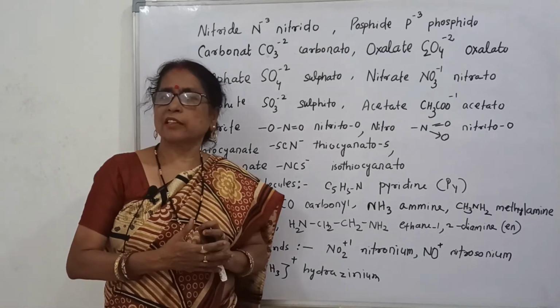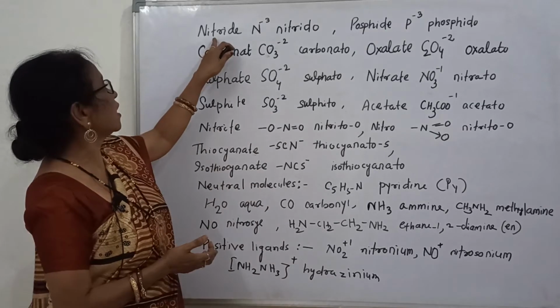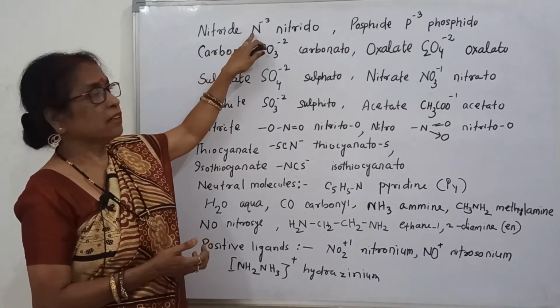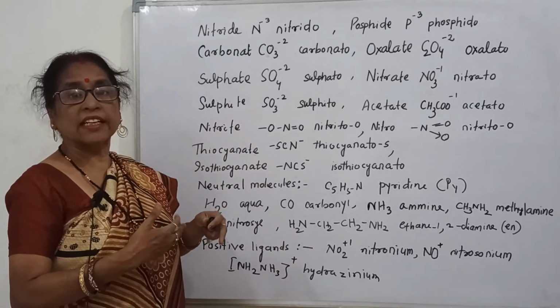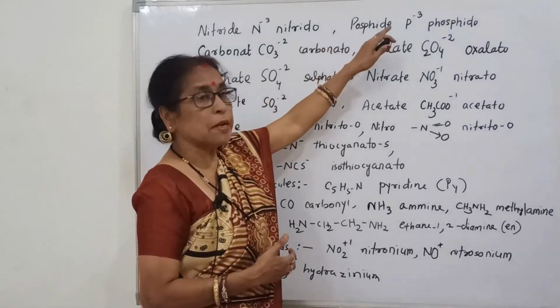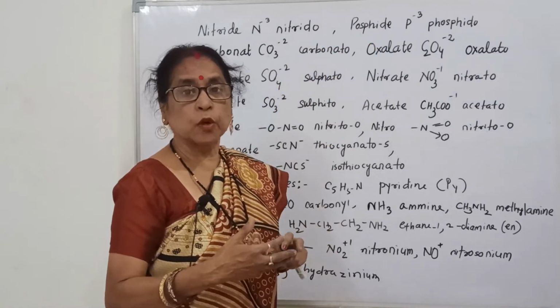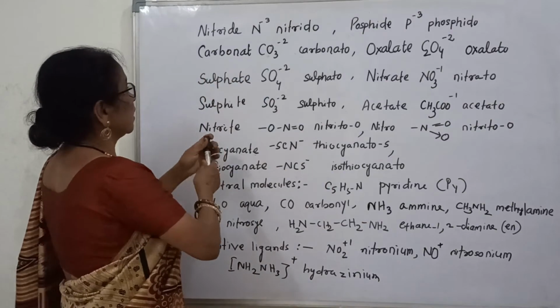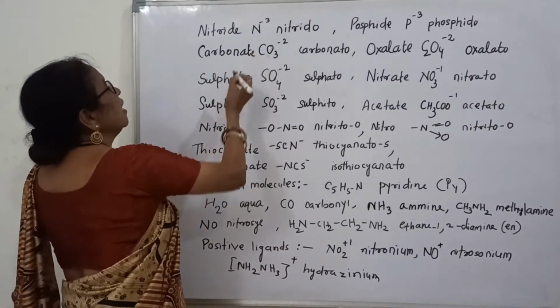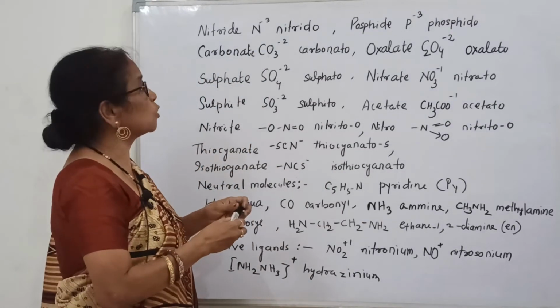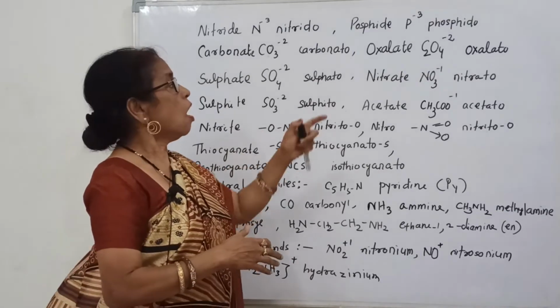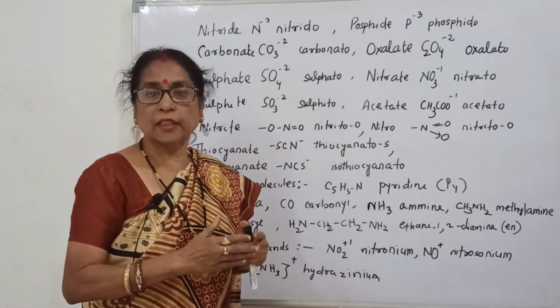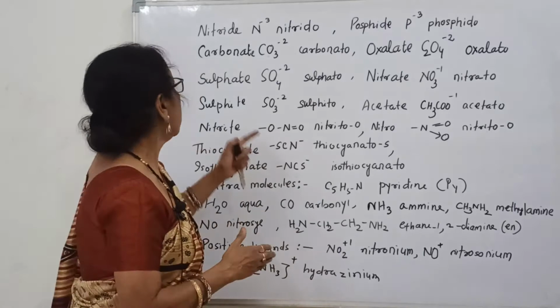Other anion ligands are, here you can see nitride N-3, that is known as nitrido. Phosphide P-3, phosphido. And carbonate, that is here CO3-2, carbonato. Oxalate C2O4-2, oxalato.